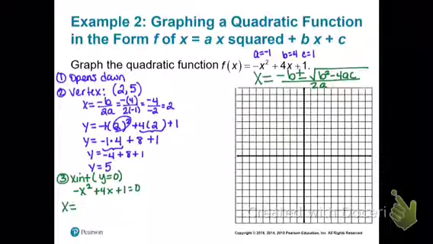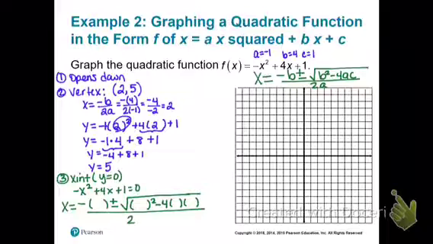All right, so we got x equals negative b. I'm just going to do my skeleton here first. Plus or minus the square root, b squared minus 4ac, all over 2a. Always over 2a.